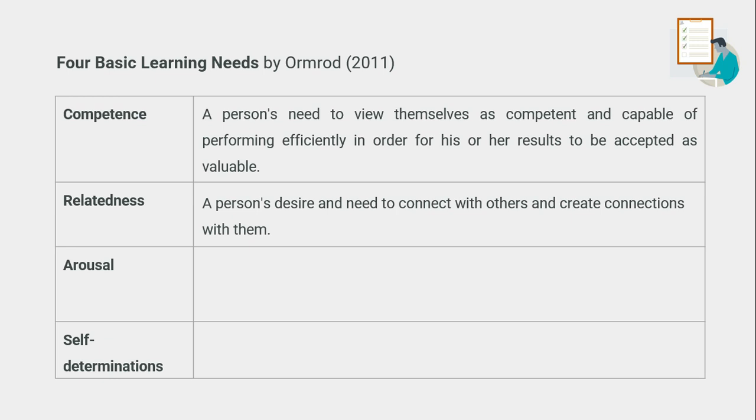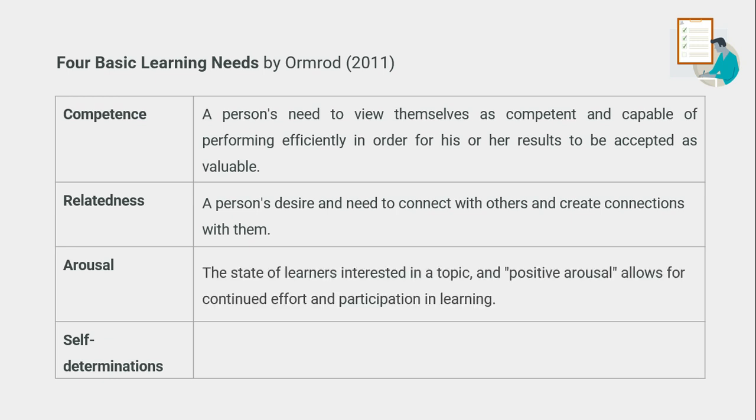In the educational context, arousal refers to the state of learners being interested in a topic, and positive arousal allows for continued effort and participation in learning. And then a positive physical environment, affective factors, motivation, attention, and cognitive evaluation can all contribute to positive arousal.